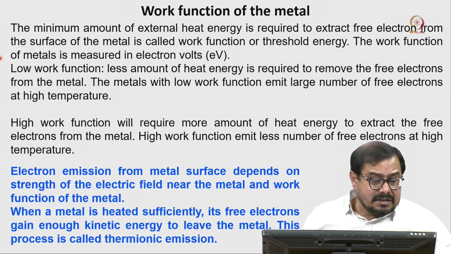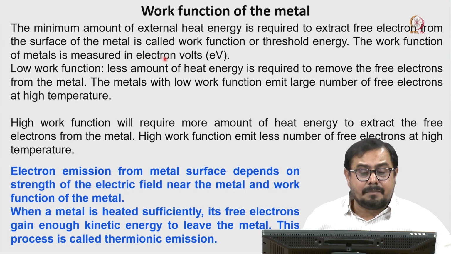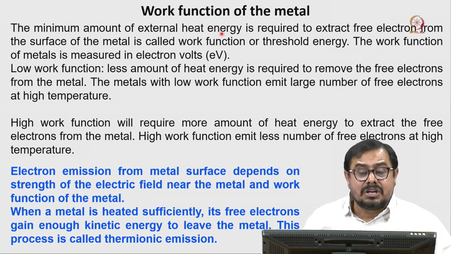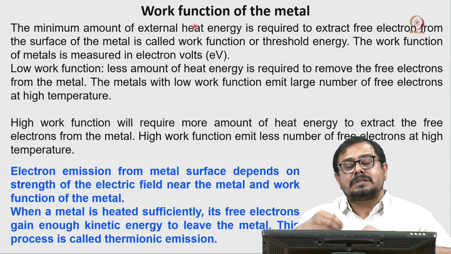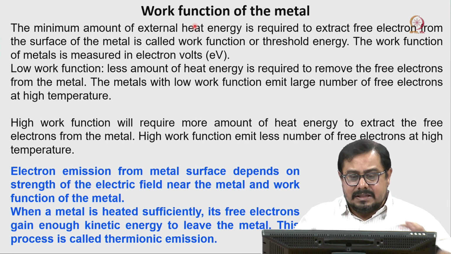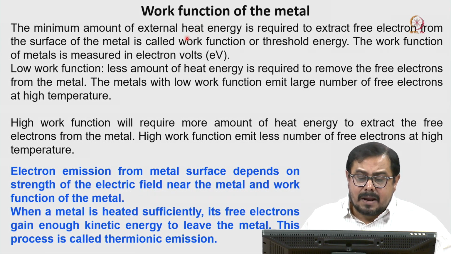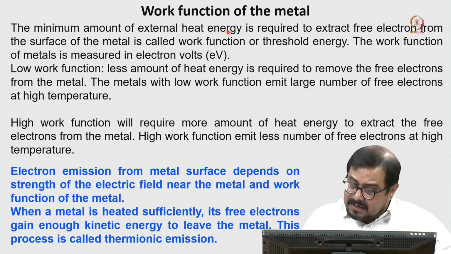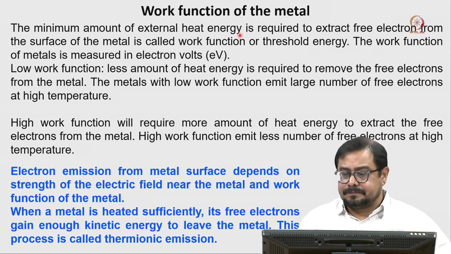The work function of a metal is measured in electron volts. Here we have to pay attention to two points: the minimum amount of energy required, and that energy should be external energy. It may be heat energy or some other form of energy. In this particular case, for the electron microscope, we are going to use heat energy. That is the reason we mentioned that it is heat energy.